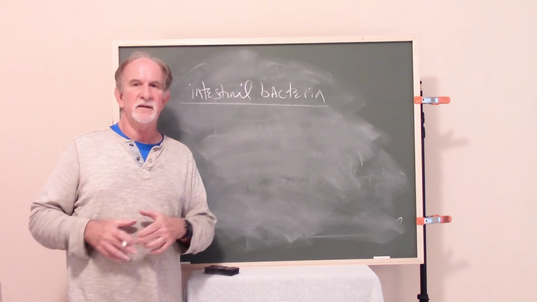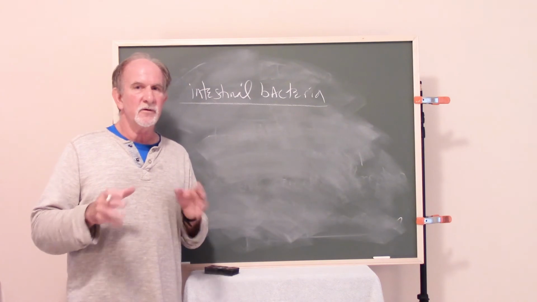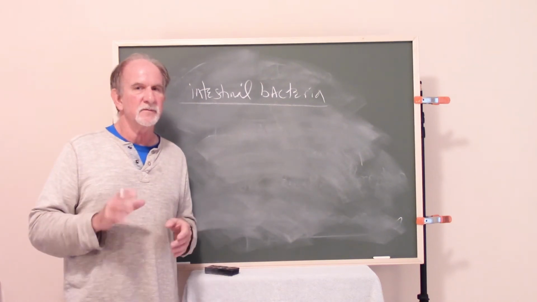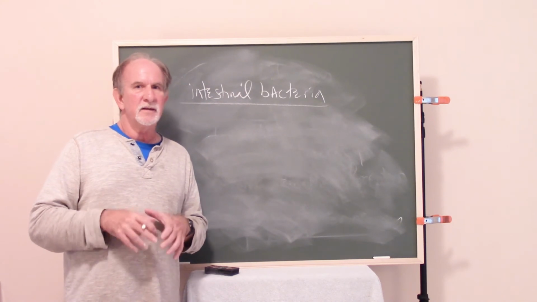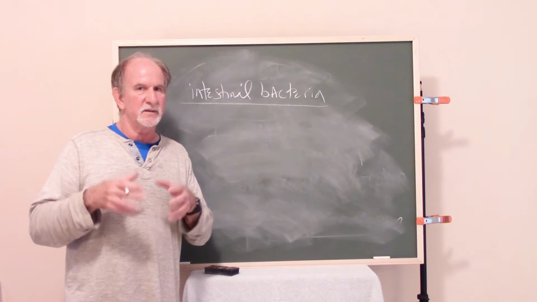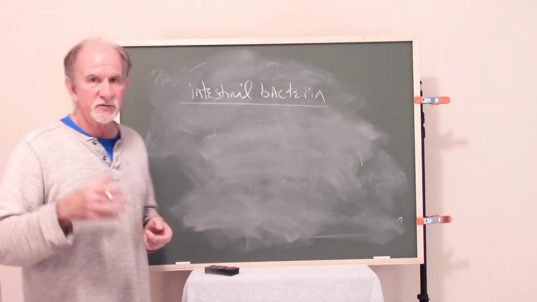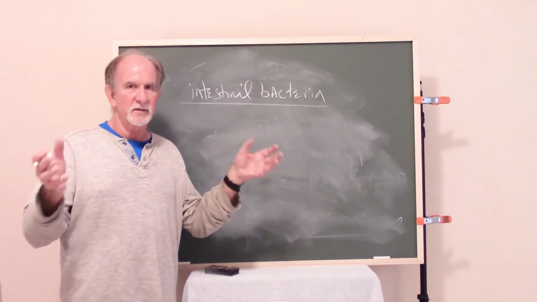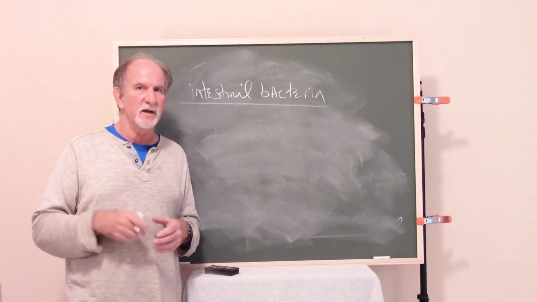The enzymatic activity of digestion occurs in the small intestine, and that's why that's a really tough place to live. And the high acidity of the stomach makes the stomach a really tough place for bacteria to live. In fact, the acidity of the gastric juice kills off bacteria and sterilizes food.